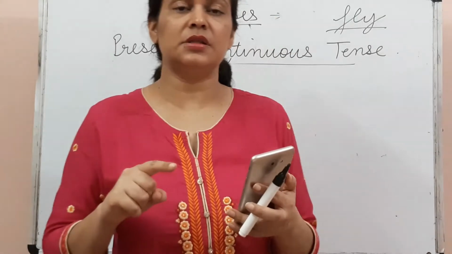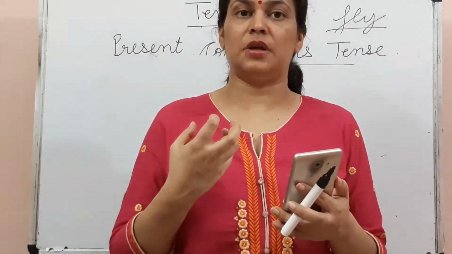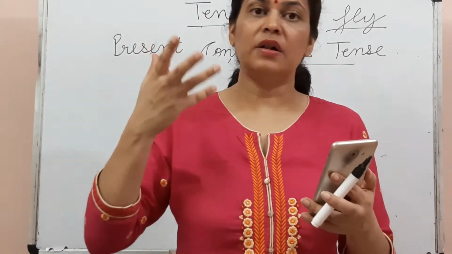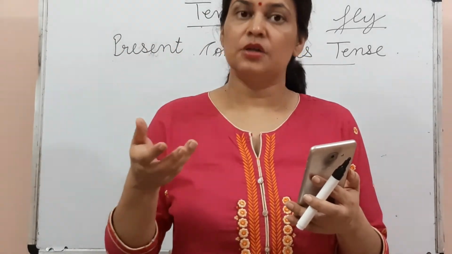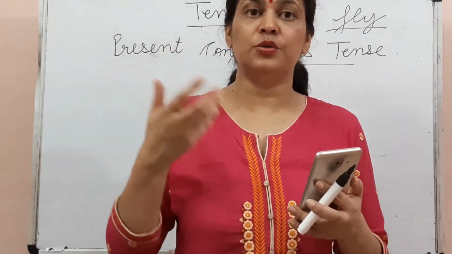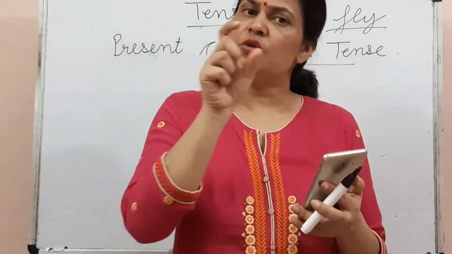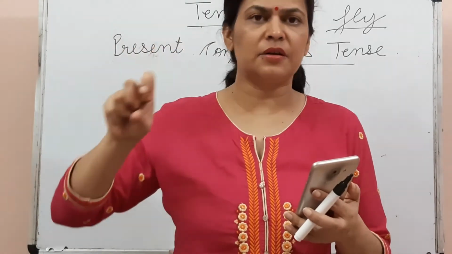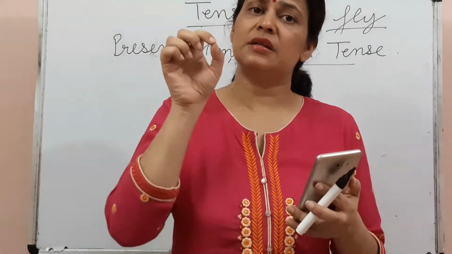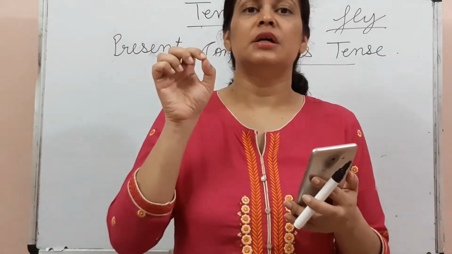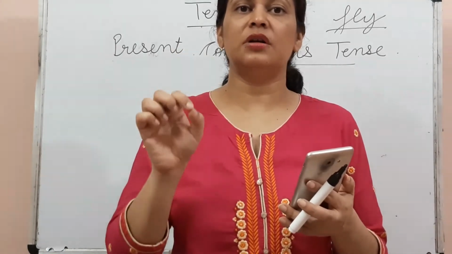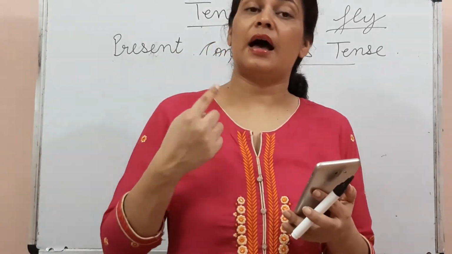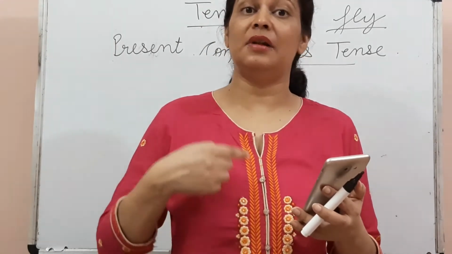Perception means how do you perceive something? You see, you hear, you think. All these are perception verbs. So your sense organs are being used at this time. So in all these verbs of perception or possession and a few others, remember there is a rule that you should use simple present tense and not present continuous tense. I love you. It's not I am loving you.